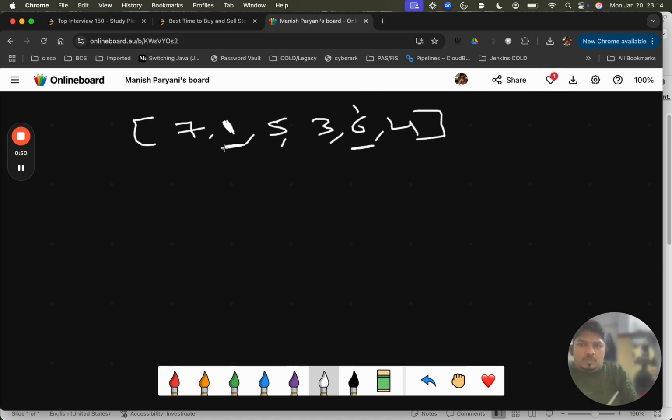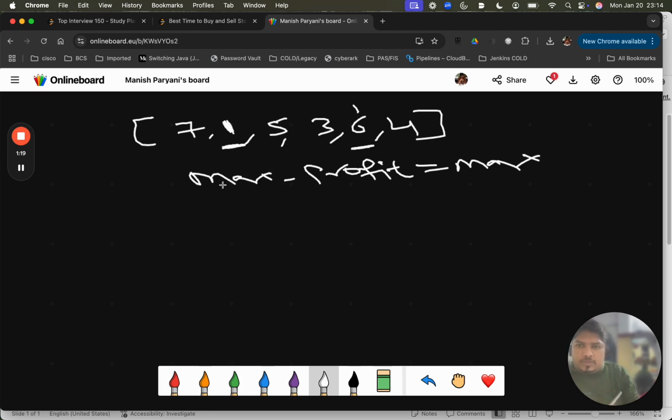So in the brute force way, how did we calculate max profit? We used a max function, right, to keep track. Here's another thing: if we keep track of the minimum price also, then we can easily solve this question in linear time complexity.